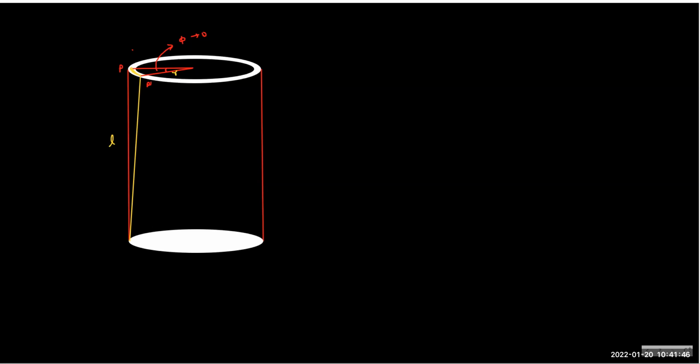So we can say the shear strain equals PP dash by L, and PP dash is R phi, correct? And this is exactly the theta.